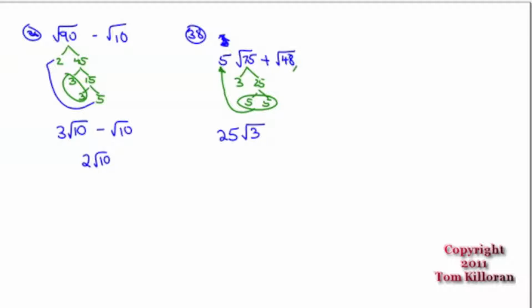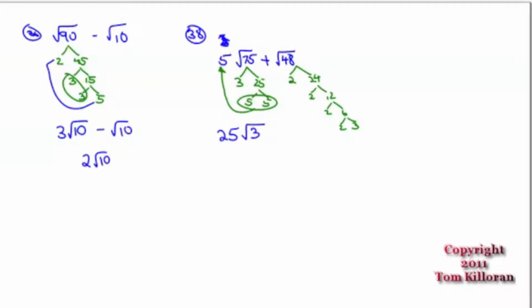48, smallest number that goes into it. 2. 24, which is 2, which is 2, which is 2. After you do a bunch of these, you start recognizing certain numbers keep showing up. 27 will show up a lot, 54 will show up a lot, 64 will show up a lot, 12s and 24s. So you start getting used to what these numbers are made up of.